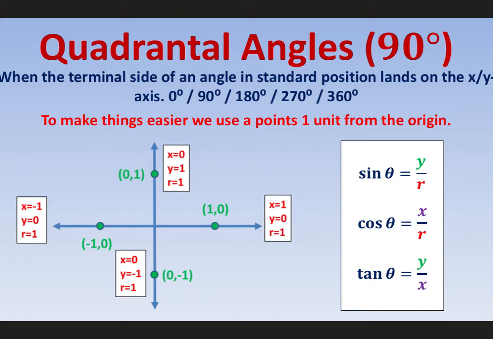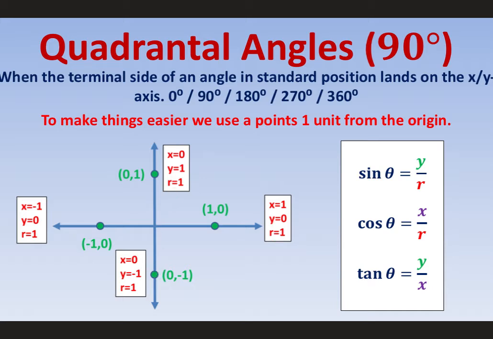We can do this for all of these points. Up here, now our x is 0, our y is 1, and our r is 1. To the left, our x is -1, our y is 0, and our r is 1. And then down at 270, our x is 0, our y is -1, and our r is 1. So it's always just 1 to the right, 1 up, 1 to the left, so that's why it's negative, or 1 down.